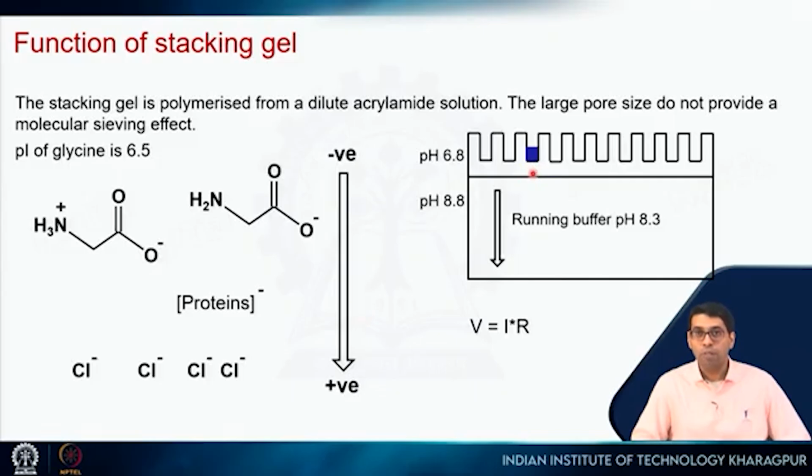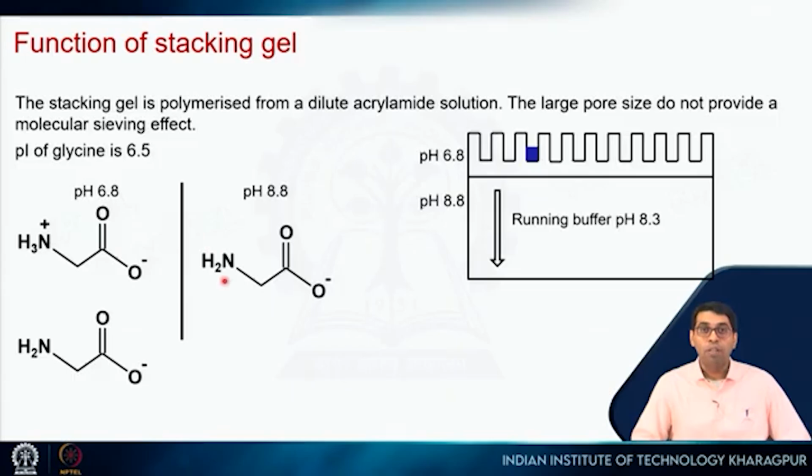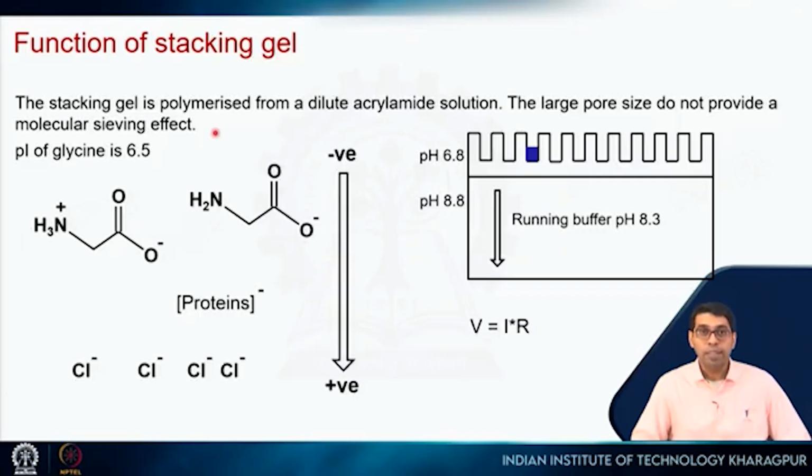Now the moment all of these ions pass into the running buffer, what happens? You have a pH of 8.3. At that pH, all your glycine ions will be mostly in the negatively charged form. So now they will start moving faster than your protein ions because they are much smaller in size. So you don't have this effect in the resolving gel.